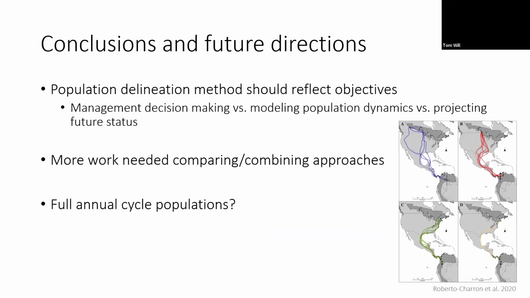But Canada warblers and all of these other species spend 6 to 9 months of the year somewhere else. I think we haven't even conceptualized what that means for defining a population. How do you define a population that's moving across the landscape over time and might be mixing with other population units at different points of the year? So, all fruitful areas for future research.